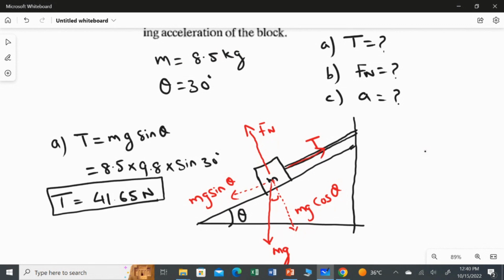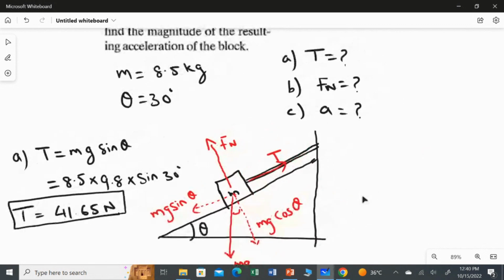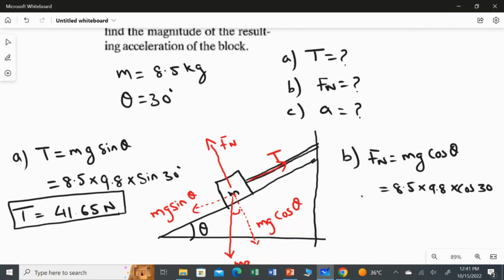Clear? Now we have to find the answer for the normal force. What is the normal force? As I already mentioned, the normal force is in the upward direction, and exactly straight to the normal force we have mg cosine theta. So Fn equals mg cosine theta. The mass of the object is 8.5 multiplied by 9.8 multiplied by cosine of 30 degrees, which gives you the normal force.